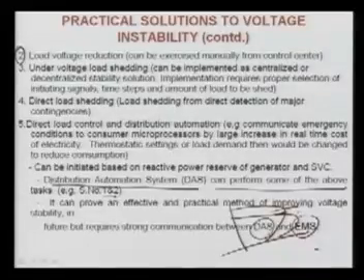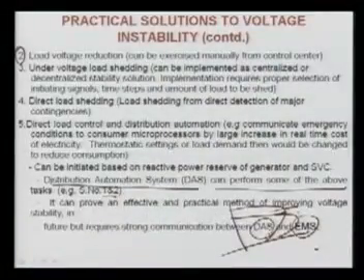Here it is not only the distribution automation system but also the energy management system. Both must be coordinated, because it is a coordinated system: how much load is to be shed, and how much generation you are having. All these must be coordinated so that we can have an efficient, reliable and more improved voltage-stable system.